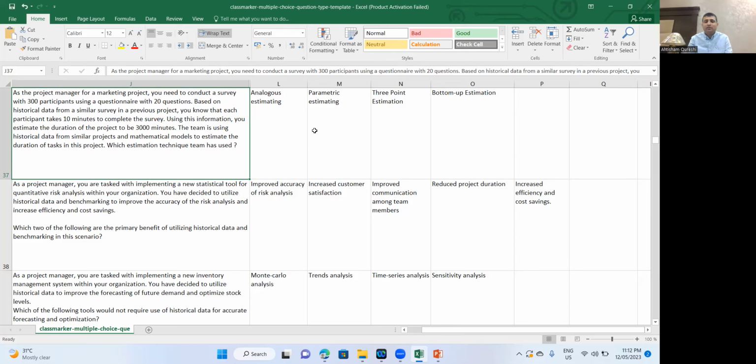This word parameter came from comparing the parameters of other projects, getting the outcome of this project by comparing it to the parameters of another project. The example says exactly that: you conducted a survey with 300 participants using 20 questions in the past.